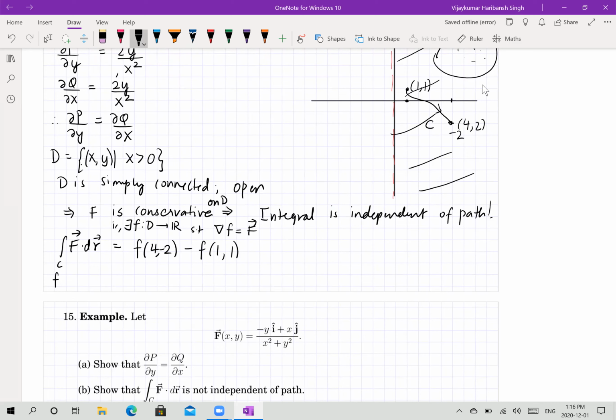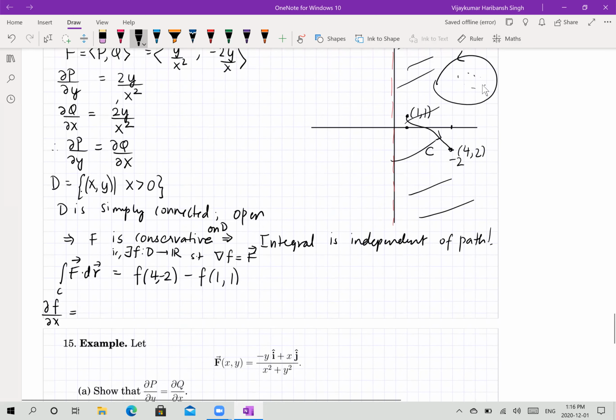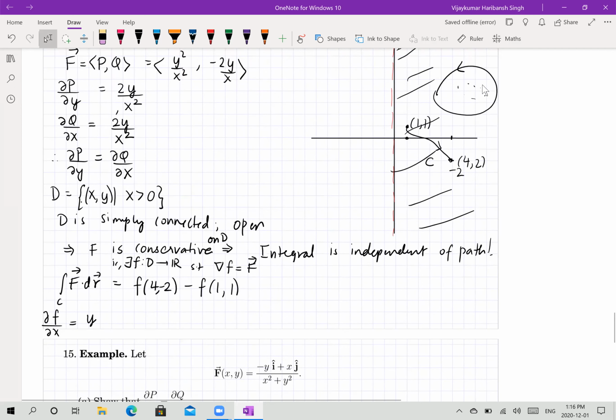If you compare, you will see dou f by dou x is equal to the first component, y squared by x squared.